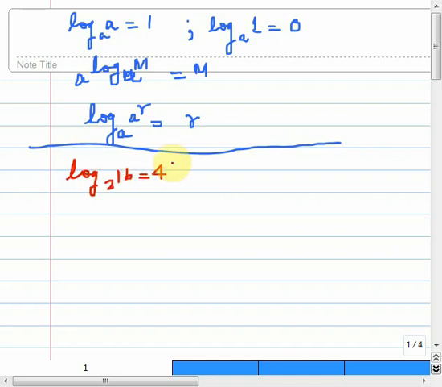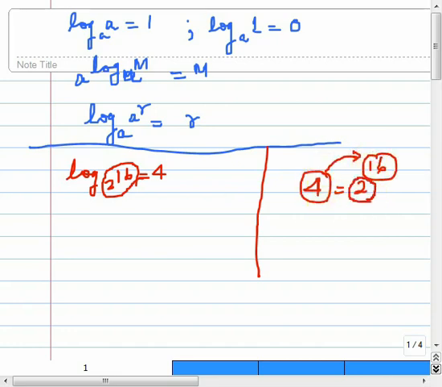Now we have to find the exponential equivalent of this equation. As we have explained in one of the lectures, to find the exponential equivalent, just write what is missing: 2 to the power 4 and give it 16, changing the positions of 4 and 16.